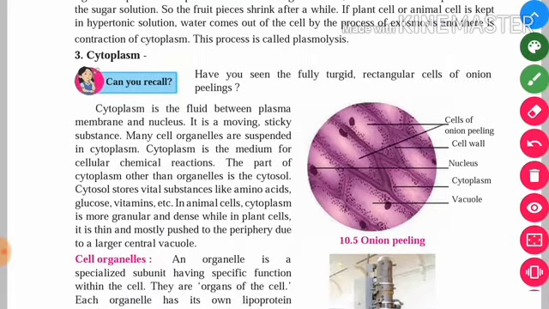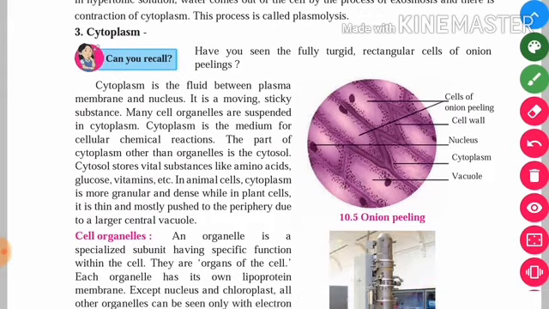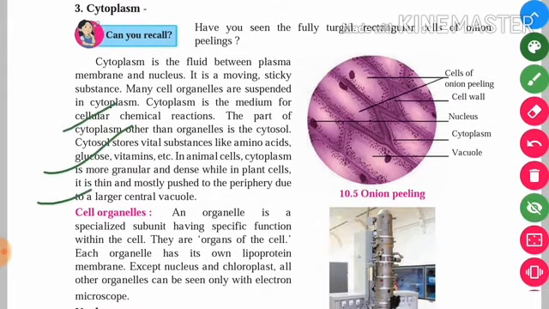Okay, then cytoplasm means the cytoplasm is the fluid between the plasma membrane and the nucleus. This is the sticky substance which is found in the onion peelings. If you look at the onion peeling, underneath the onion peeling you will find some sticky substances, that is the cytoplasm.